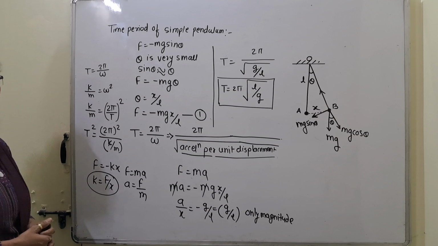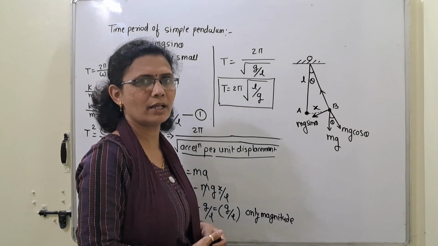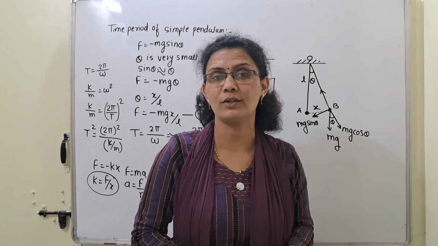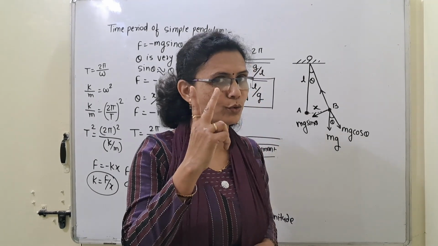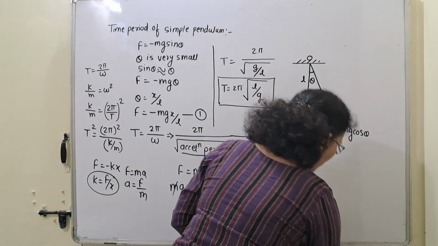Okay, so we will see the next derivation, that is the amplitude of the resultant wave of superposition of two waves. Now we have to find the amplitude.